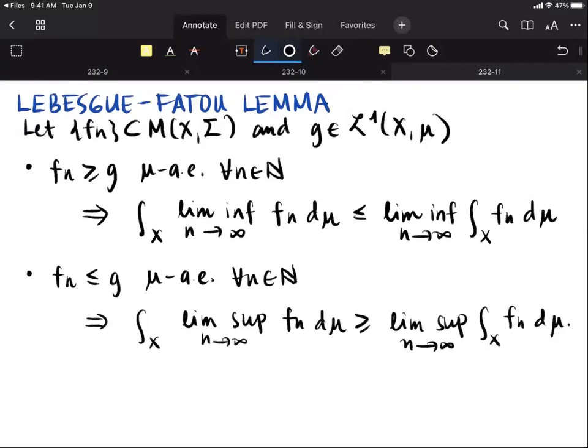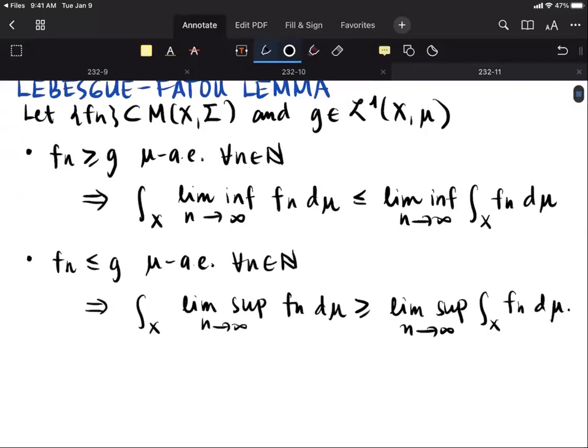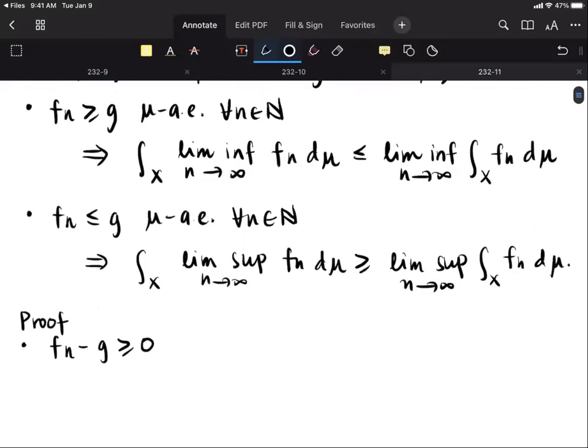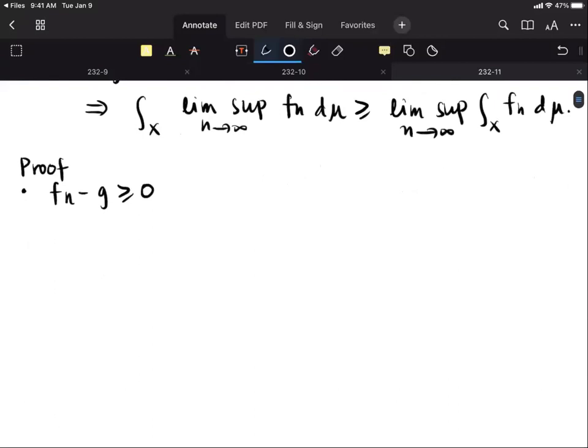Okay, so for the proof of the first one, we will reduce this to the case of the usual Fatou's lemma. So you subtract g from both sides, then you have f n minus g greater than or equal to 0, mu almost everywhere.